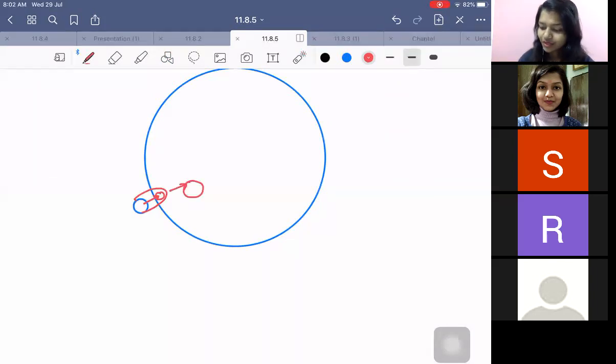Now, this food is inside, right? The food molecule which was present outside has come inside. So what has it done? It has taken the food inside, eating, phagocytosis. Remember, cell eating is phagocytosis. It has come inside.